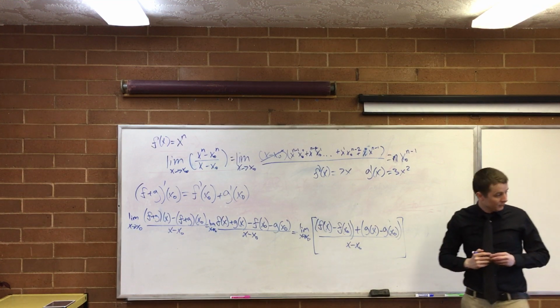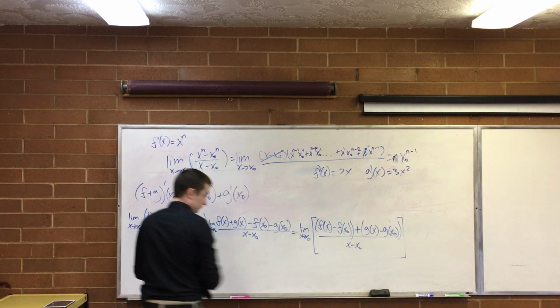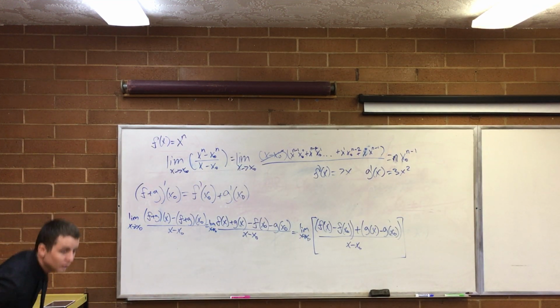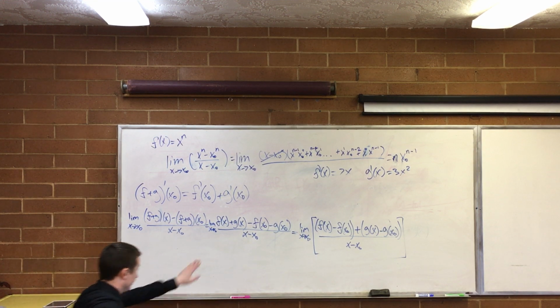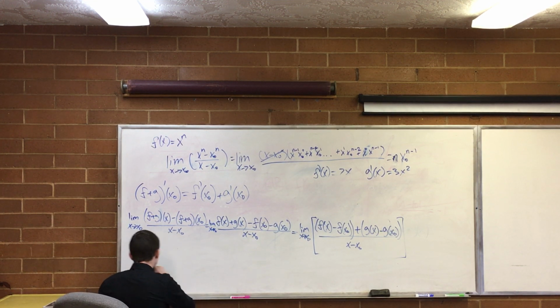Now the limit of a sum is the sum of the limits using our limit rules, right? So I can write this as two different limits now.